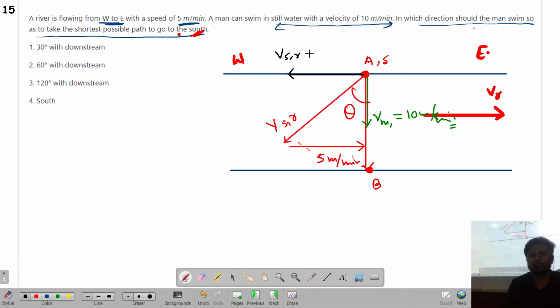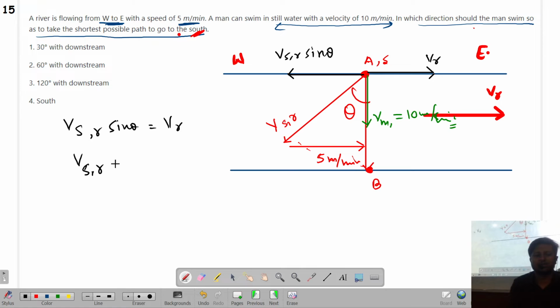Velocity of swimmer with respect to river into sine theta or not? Tell me yes or no. And this is my velocity of river or not? Yes or no? So velocity of swimmer with respect to river into sine theta should be equal to the velocity of river or not? How much is this velocity of swimmer with respect to river? Okay, it is given. Actually, you have to calculate.